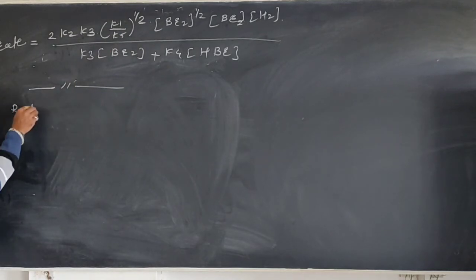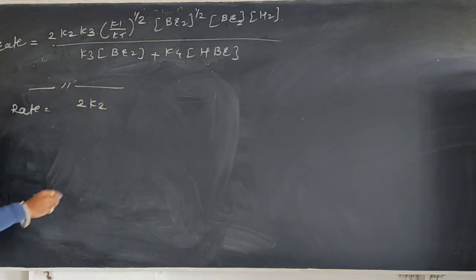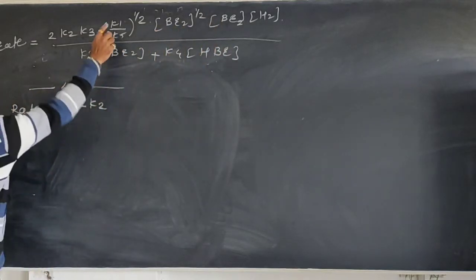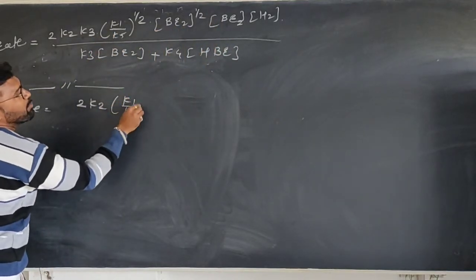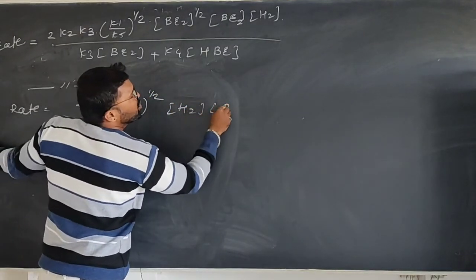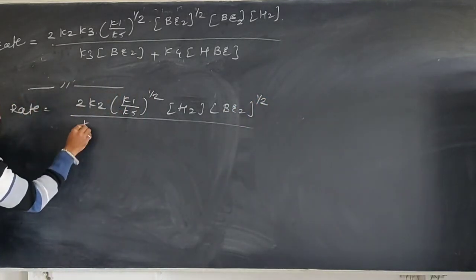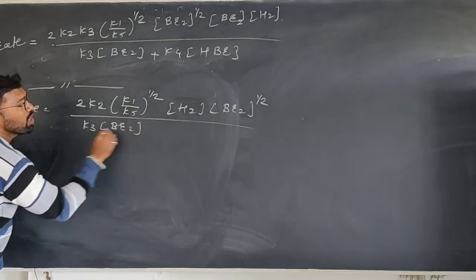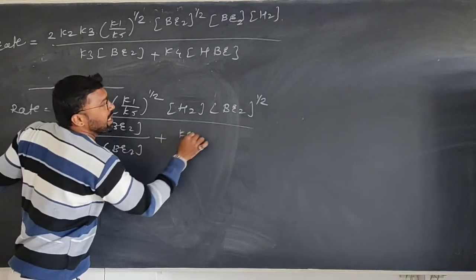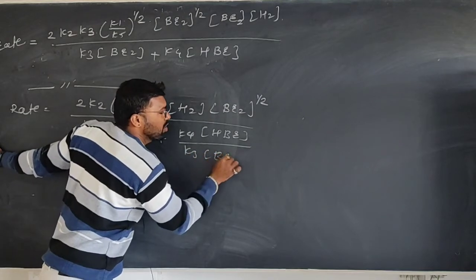Therefore, rate is equal to 2 into K2, right? This K3 and this Br2 goes on cancelling. Remaining term K1 upon K5 raised to half into H2 into Br2 raised to half, divided by K3 into Br2 divided by K3 into Br2 plus K4 into HBr divided by K3 into Br2.